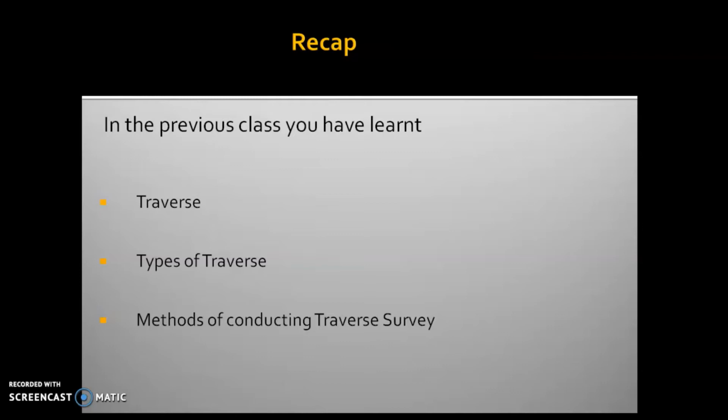Those mistakes are nothing but while writing we make a mistake, or while taking the measurements we may forget to take the readings. Now, in a traverse, what are the two measurements we generally take? Based upon the methods, some will take included angle, some will take deflection angle, some will take bearings, like that.